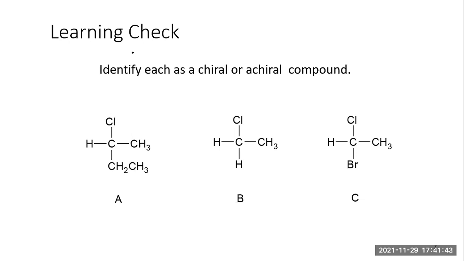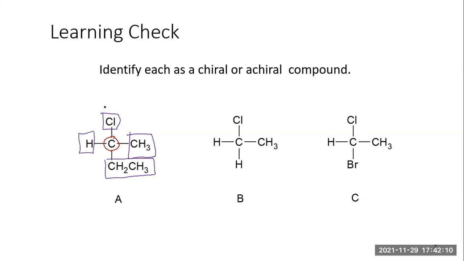Okay, so let's take a look and see. What we want to do in this case is focus on the center carbon and look at all the groups attached to that carbon. In this case, there's a chlorine, which is different than a methyl group, different than this ethyl group here, and different than the hydrogen.